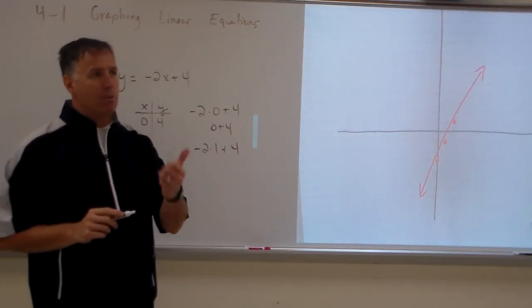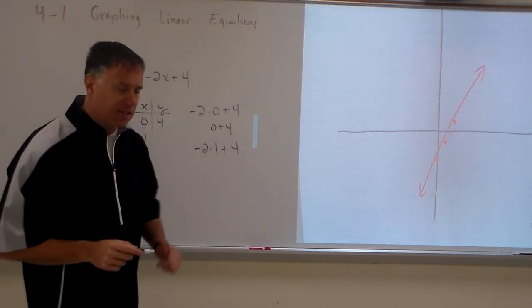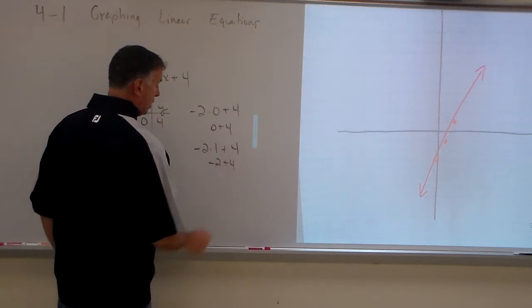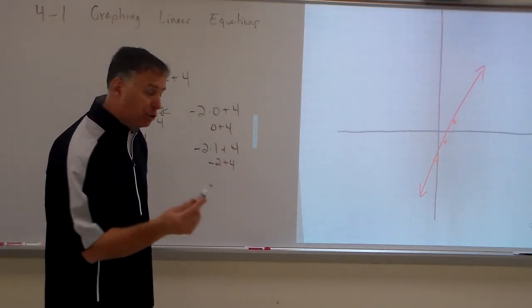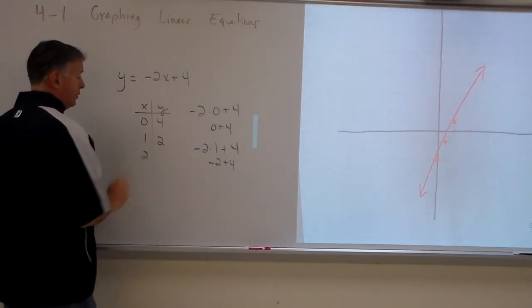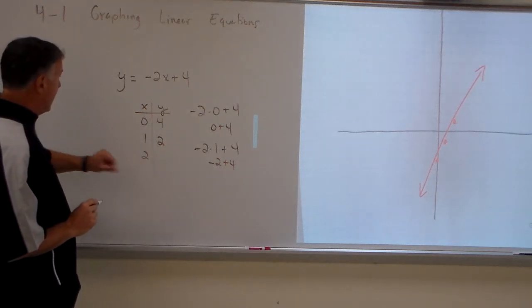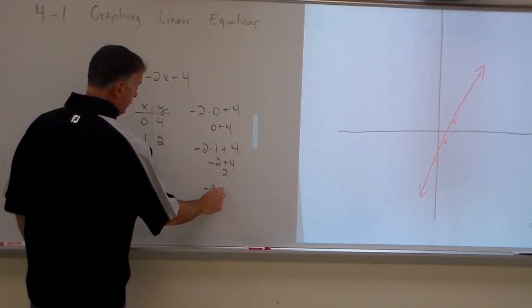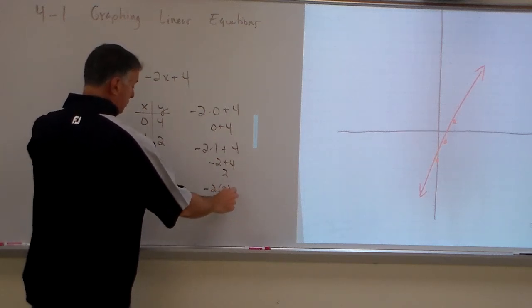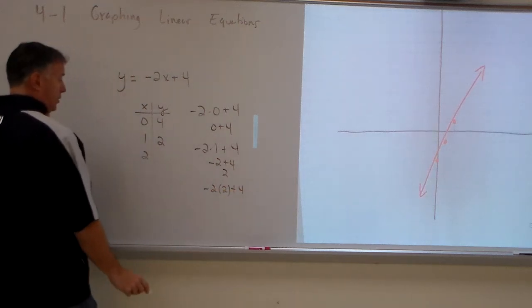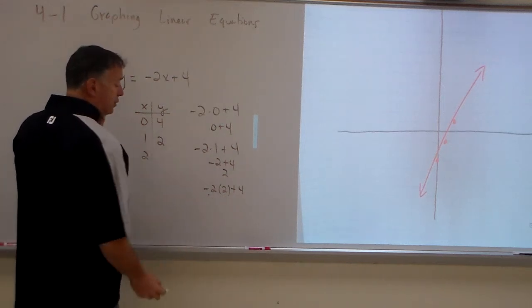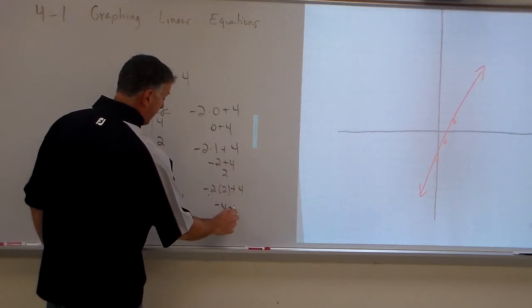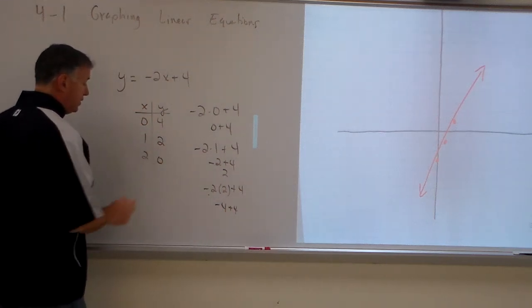When you're multiplying opposite signs, your answer is negative. So negative 2 times 1 is negative 2, plus 4. Negative 2 plus 4 is 2. Plug in a 2, and my last one: negative 2 times 2 plus 4. Negative 2 times 2 is negative 4, and negative 4 plus 4 is 0.